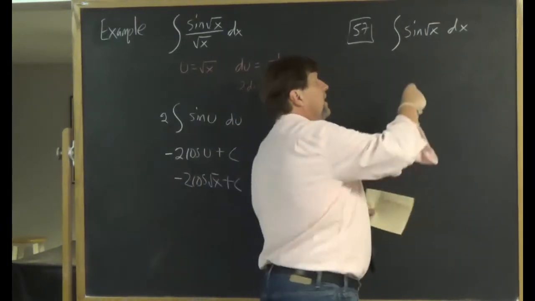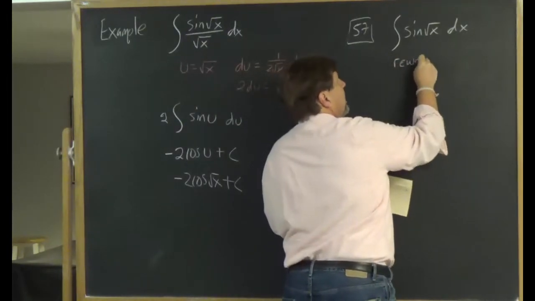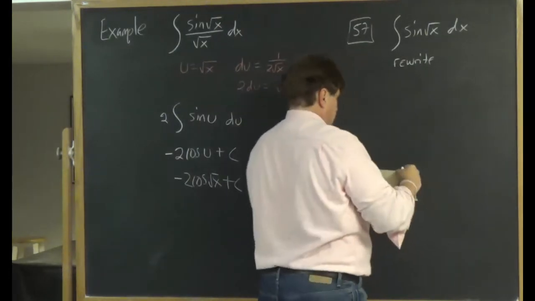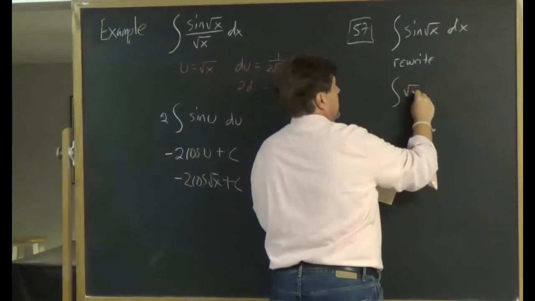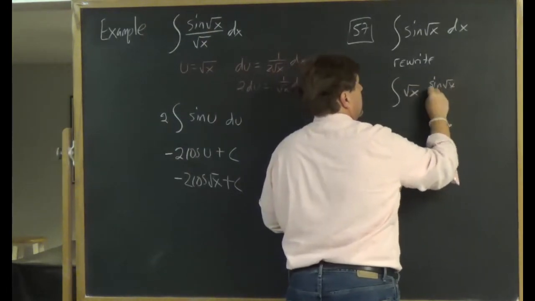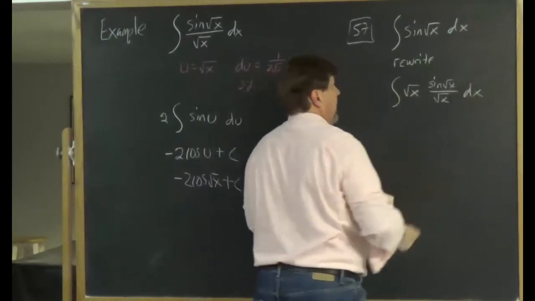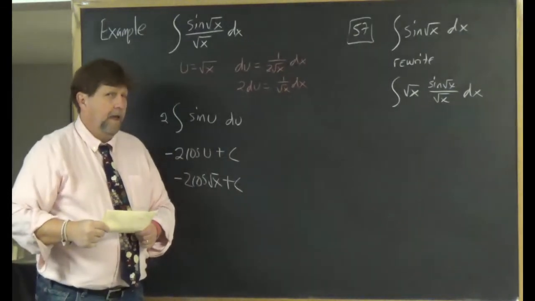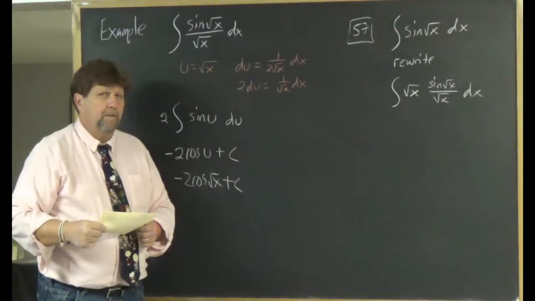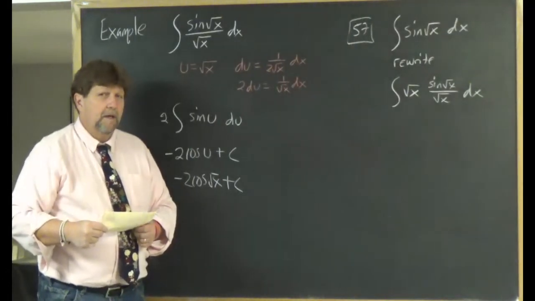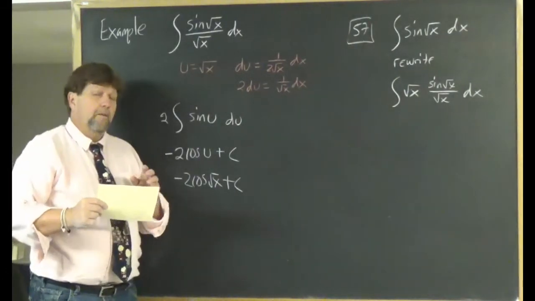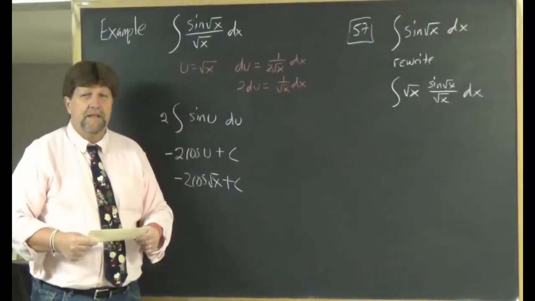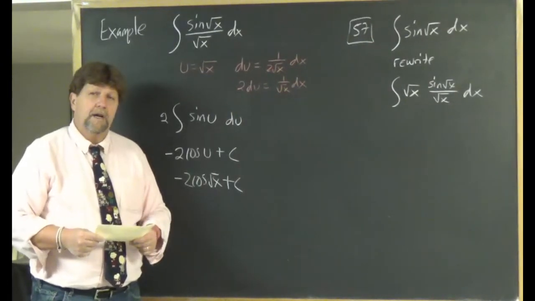So the trick would be to come in here and multiply by square root x over square root x. And maybe integration by parts would be the next thing to do. So here's what I want you to do. I want you to pause the video. I want you to do number 57. Once you've done number 57, restart the video. I'll be here at the board working through it.